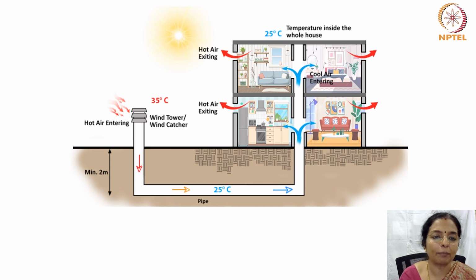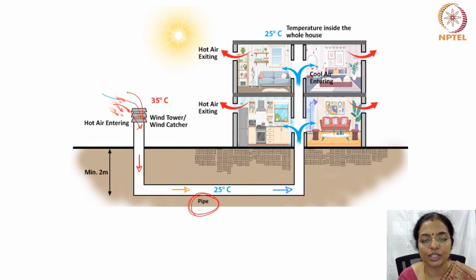So what happens is, during summer, the wind is very hot, and this hot wind enters the shaft. A pipe is buried inside the soil at a depth of anywhere between 2 meters to 4 meters depending on the place.